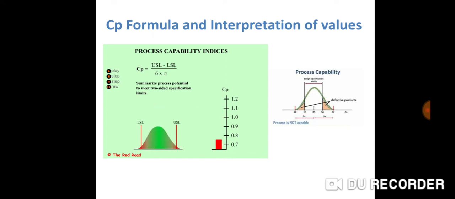On the right side, the design specification is 20 to 30, but a few values fall between 18 and 20, which are defects. A few values are in the range of 30 to 32, above the upper limit, which are also defects. So a Cp value greater than 1 is good to have.